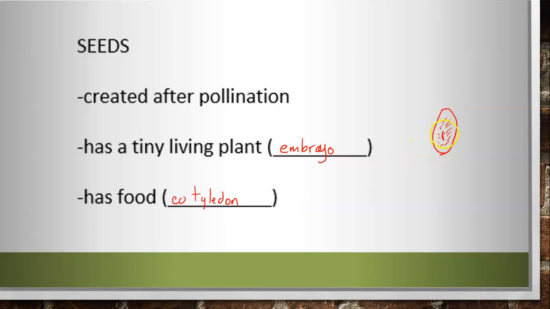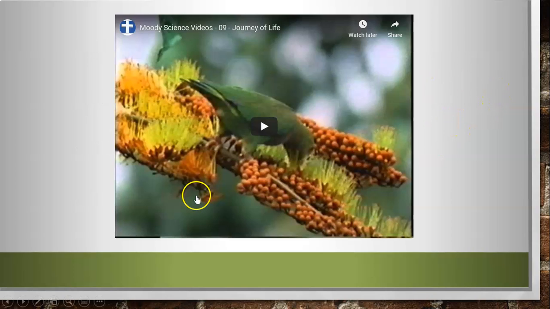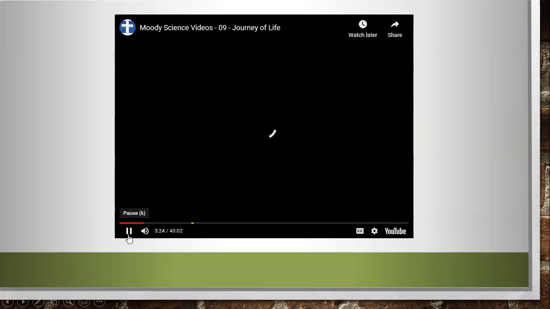That's all the food that this tiny little plant inside of the seed has to help keep it going.